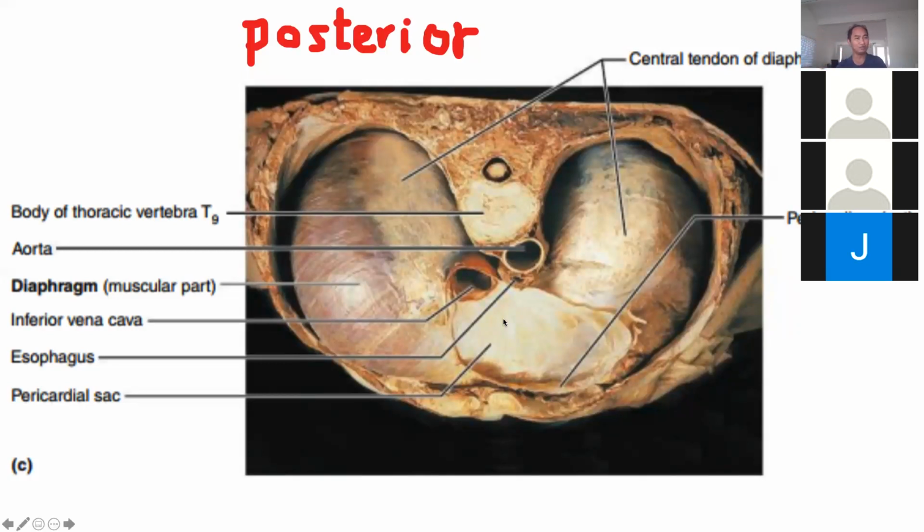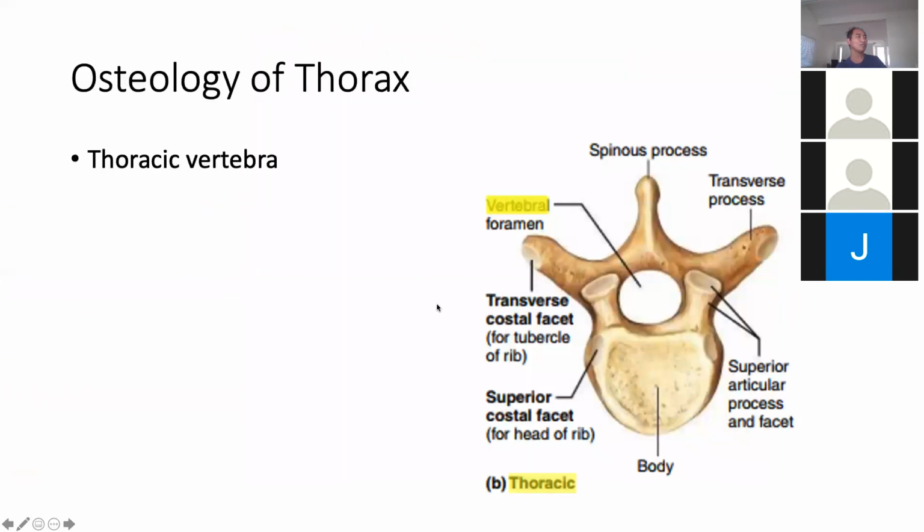When the diaphragm contracts, it just flattens out. Don't forget, it is made of fibromuscular structure. In the periphery, it has muscle. In the center, it is more like a fibrous tendinous structure.